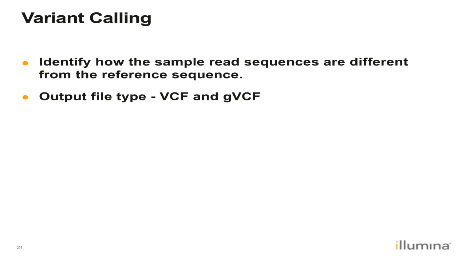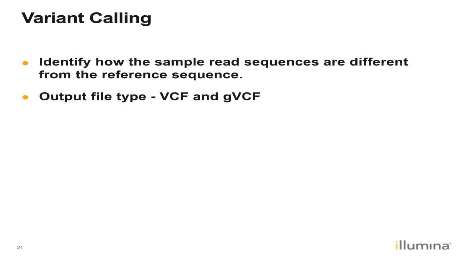Now, the difference between these two is that the VCF file only contains information about the variants that were actually found. So anytime that the variant caller determined that the location was different from the reference, it's going to go into the variant calling file. The genome VCF file, on the other hand, contains information about every position, regardless of whether it was a variant or not.